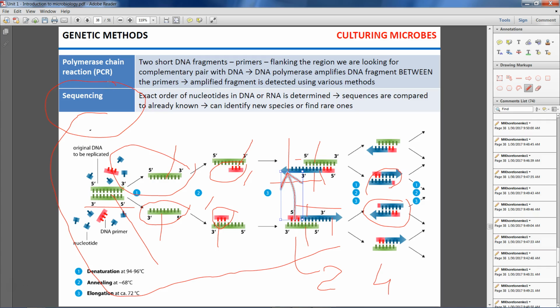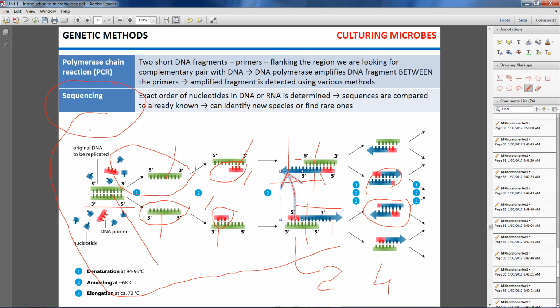I'm not going to bother you with any technical details because I cannot understand them. I tried. If you want, look it up. Maybe you will have better luck than me. What it does, it determines the order of nucleotides in the DNA molecule in the sample. Does that make sense?